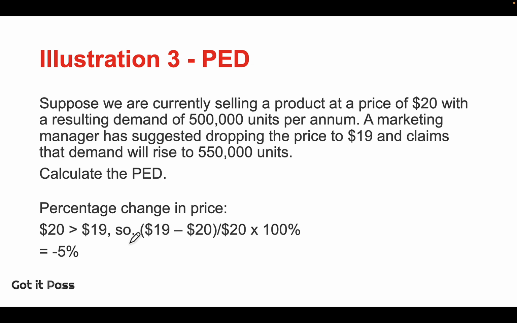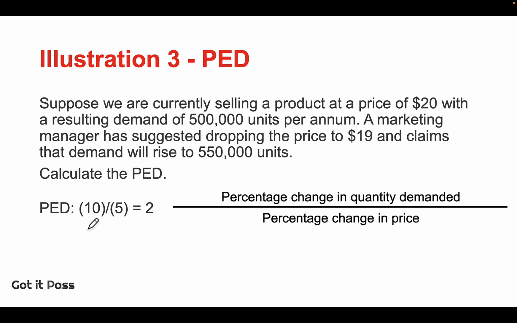And putting these two numbers into our equation, that means the percentage change in the quantity demanded divided by the percentage change in the price, that is 10 divided by 5. So it is 2.